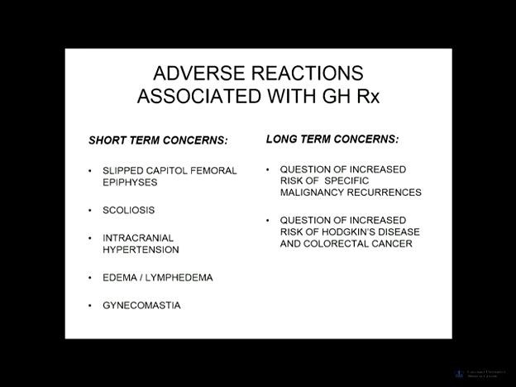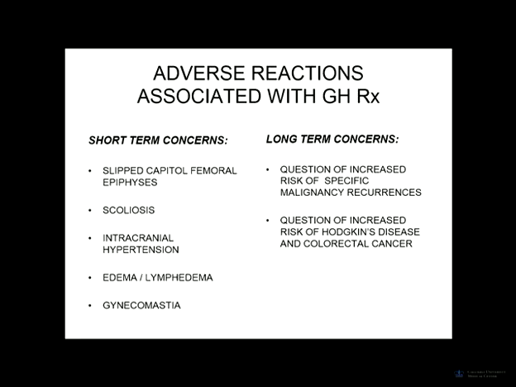Adverse reactions associated with growth hormone therapy, short-term concerns, these are all really rare. Basically, because if you're treating a child with a hormonal deficiency, you are replacing something that should be in the body, and you're replacing it at the same dose that the body would be making it, so it doesn't have the same kind of adverse reactions as using other drugs and chemicals that don't naturally belong in the body.